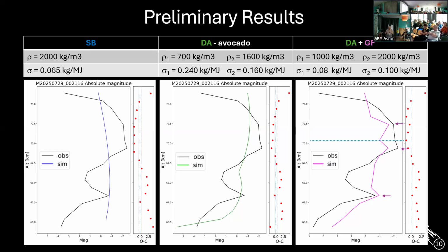And this one, as we can see overall, is improved again. And in this case, very interestingly, also the dynamics fit was much, much better. In the previous simulations that used either single body or just one of these processes, we usually had the mean root square about 100 meters.